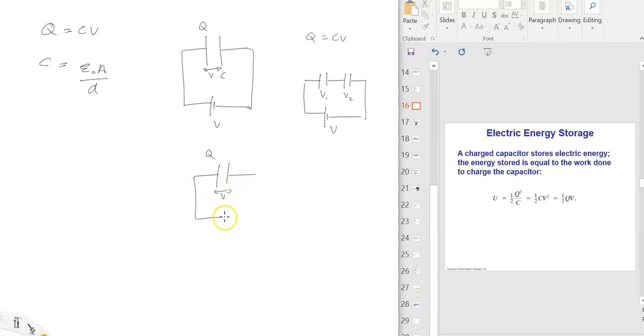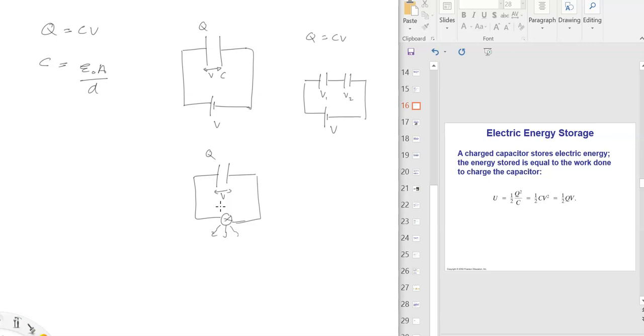For example, if you connect this to a light bulb, it's going to discharge through the light bulb. So the energy stored in the capacitor will come out as light, right? So it's an energy storage device, like a battery. It has the energy to move charges, to move electrons, create current.